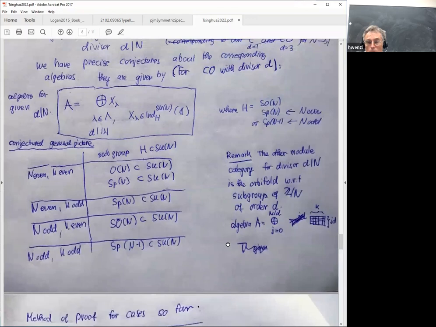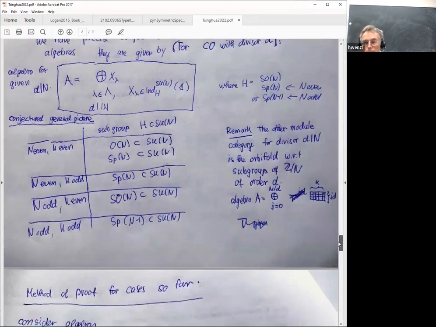So yeah, in some sense, if our conjecture is true, and it has been proved in a number of cases now, we would have a very nice, I think, conceptual description of all these algebras. Okay, so this would be basically the result, or rather conjecturally.